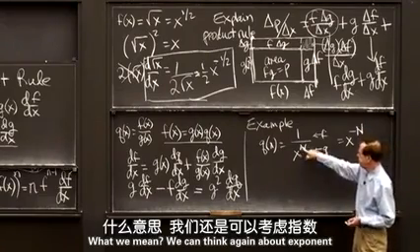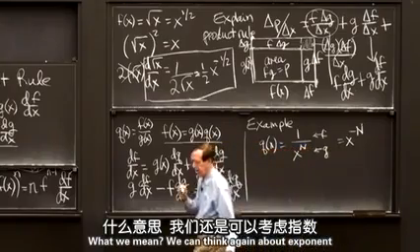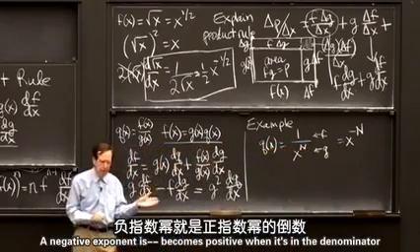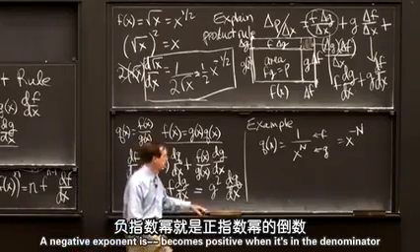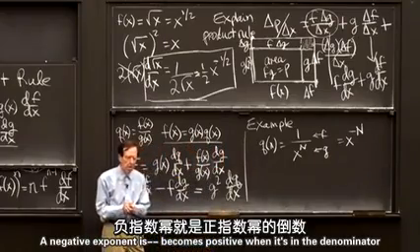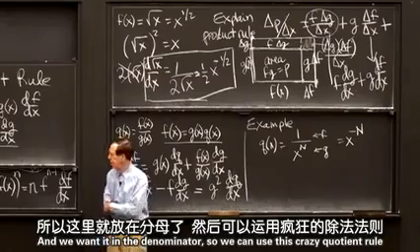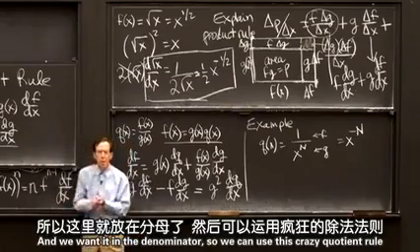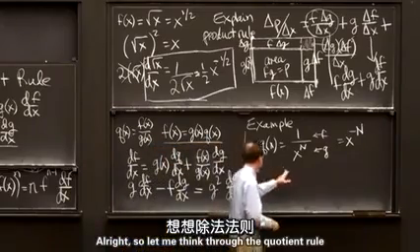Right? That's what we mean. We can think again about exponents. A negative exponent becomes positive when it's in the denominator. And we want it in the denominator so we can use this crazy quotient rule.